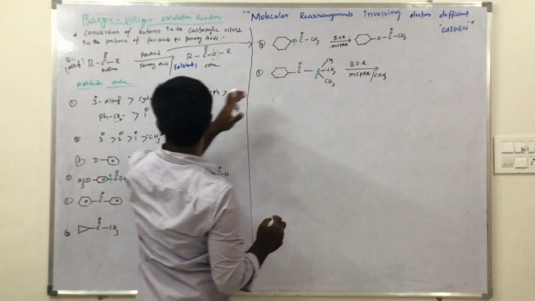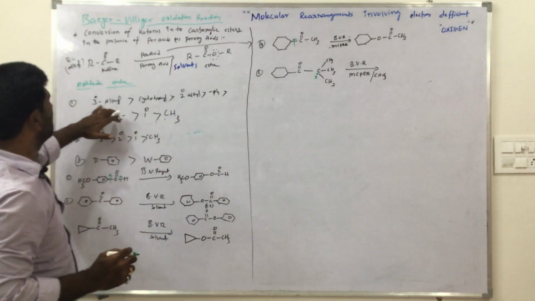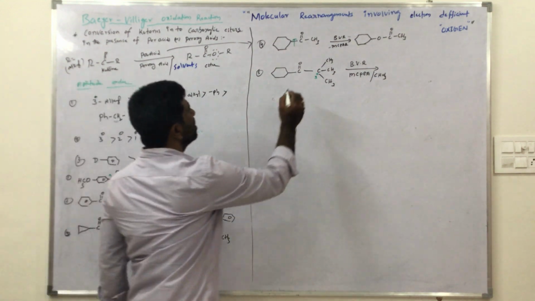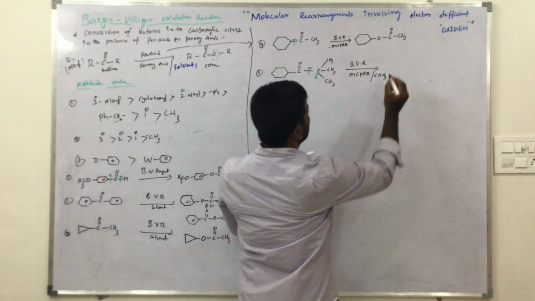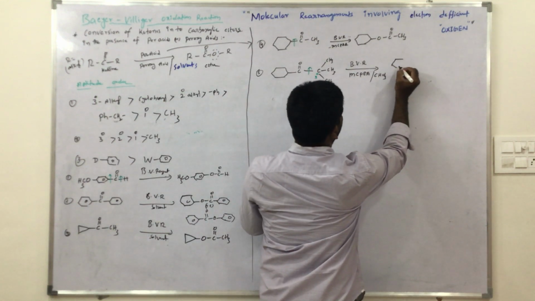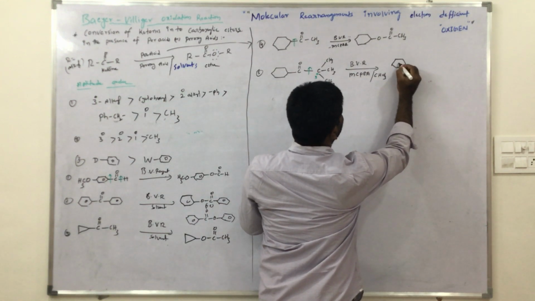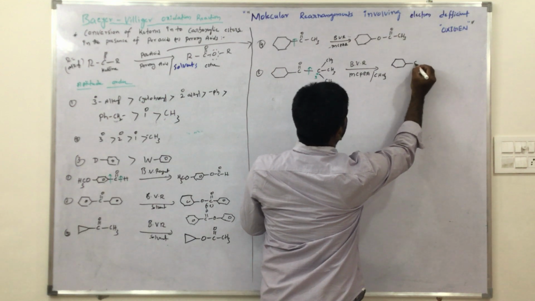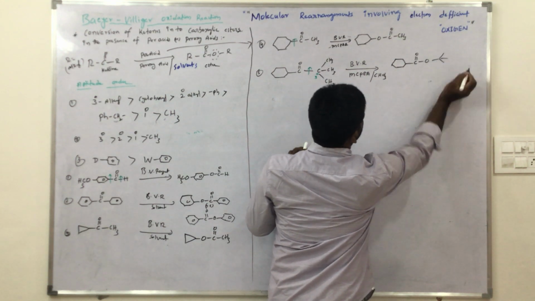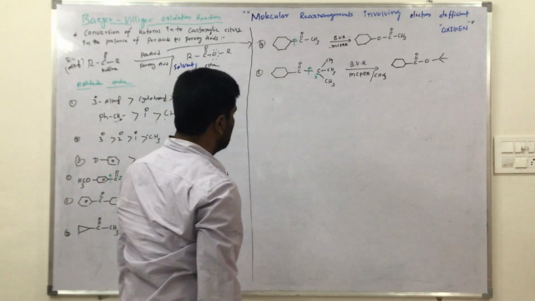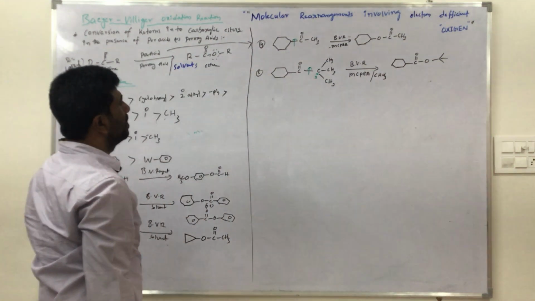So which one is more preferable here? Cyclohexyl and tertiary. Tertiary is more preferable. Okay. Now the product is cyclohexyl, C double bond O, and again this is tertiary, right? Clear?